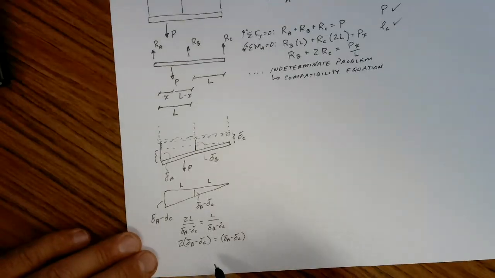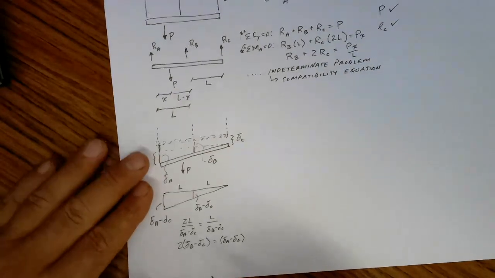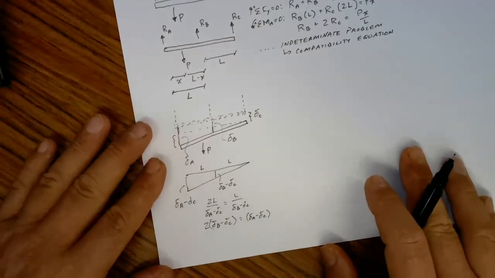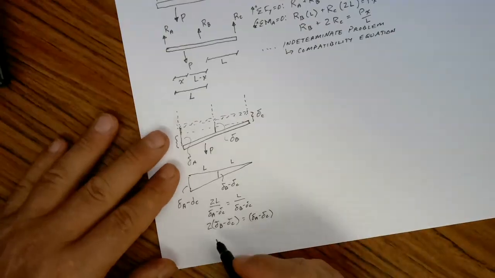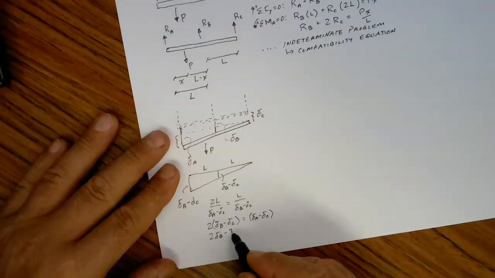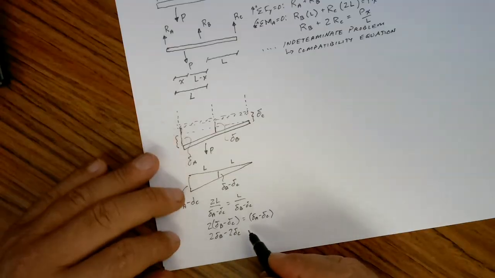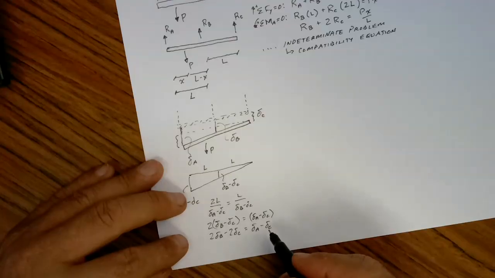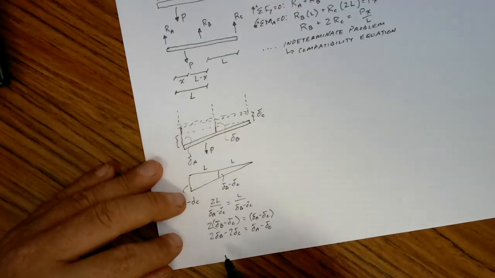On to the next step. 2 delta B minus 2 delta C equals delta A minus delta C. Or let's just look all over here.